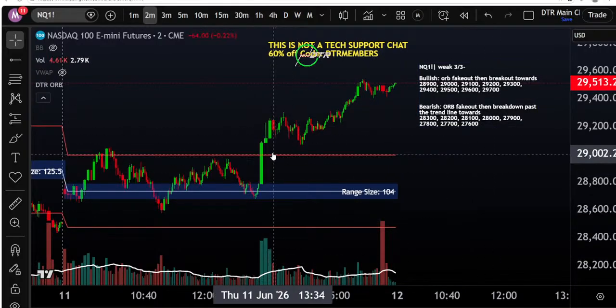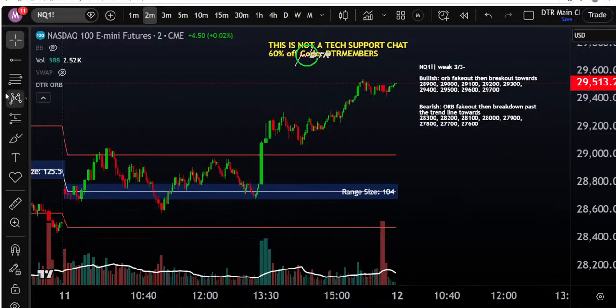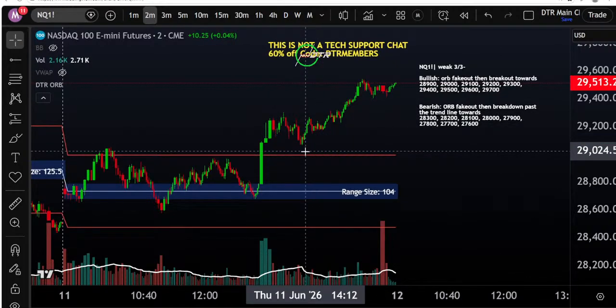So if I break out through 29,000, I know my next one's 29,100, and it just gives me a reasonable risk reward that isn't going to be like 1,000 points away. And most of the time, we're not really trading past that 2R level, or that red line anyway. So honestly, sometimes it's just for show.